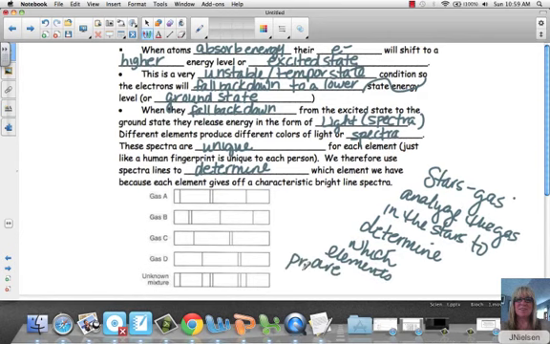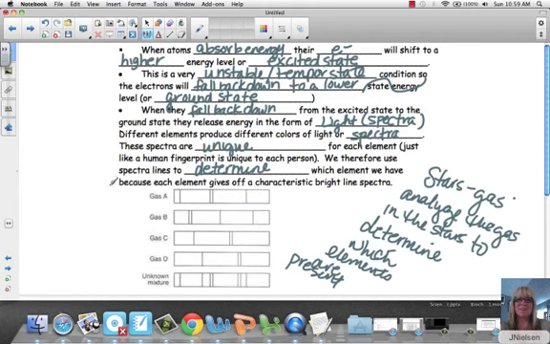So this is kind of like when the police run a fingerprint through the database to determine if there's a match with a suspect, if we have their DNA sample on file. It's unique to each person, so it matches that print to that person. Well, it's the same thing when we analyze the gases in the stars. Each element has its own spectra, so we can determine which elements are present.